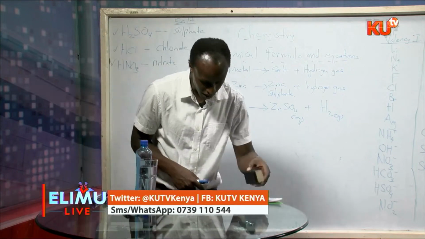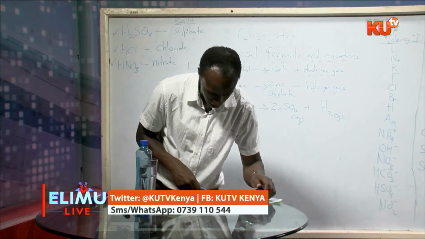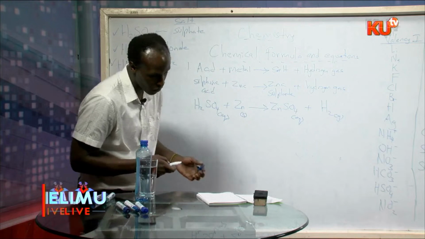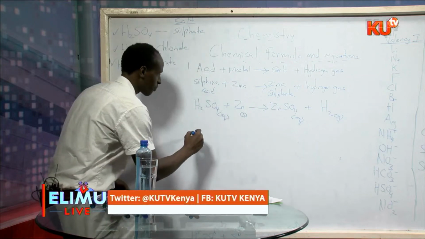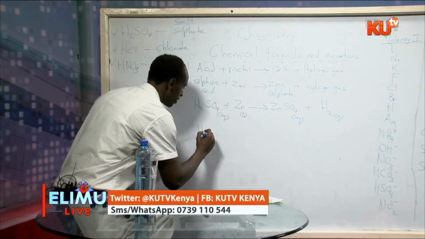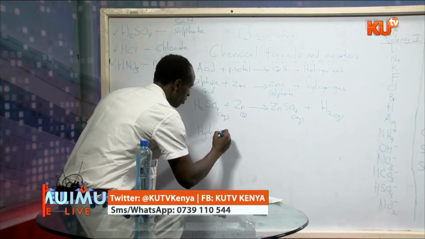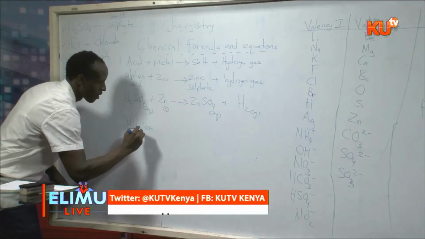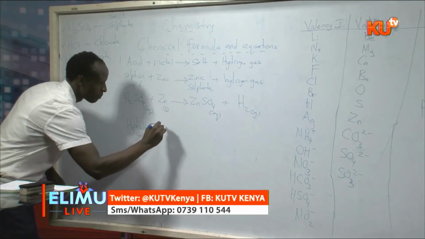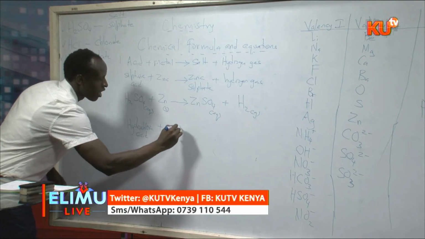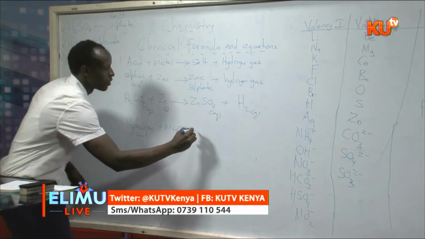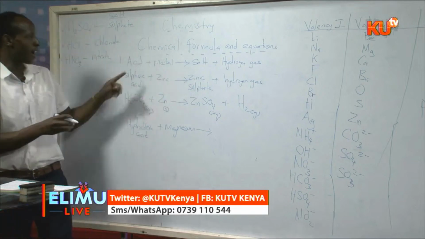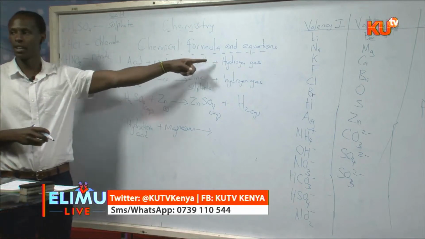Let me give you another example of an acid plus a metal. We now want magnesium and hydrochloric acid. Acid plus metal gives salt plus hydrogen gas.